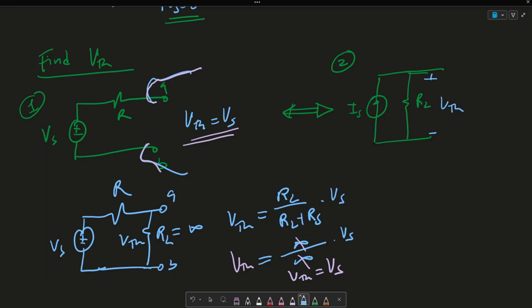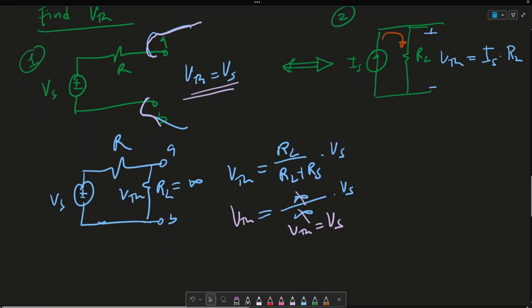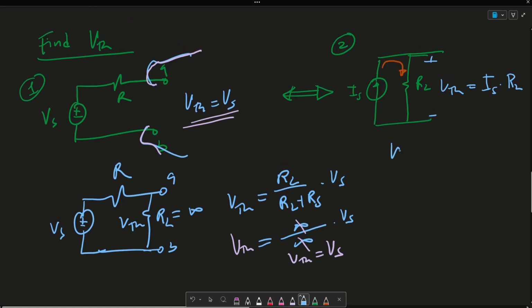As you can see, because my IS flows through here and goes through here, VTH is simply equal to IS times RL. But we know that VTH is equal to VS, which is equal to IS times RL. Or we could say that IS is equal to VS over RL.